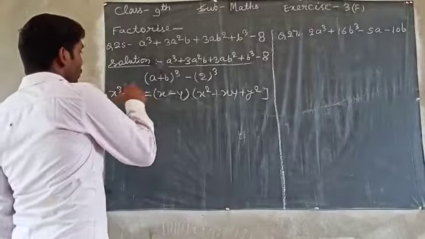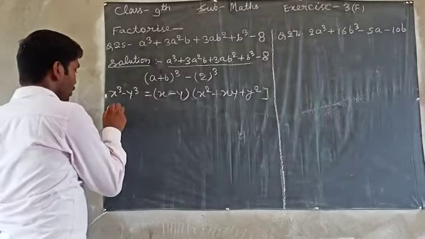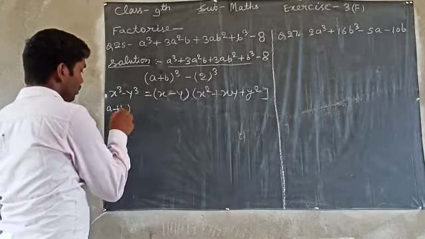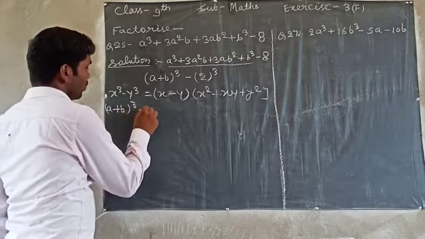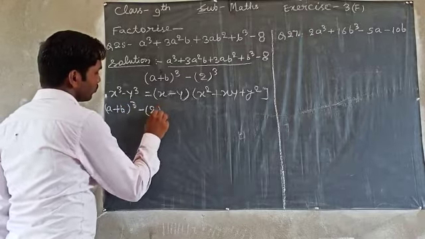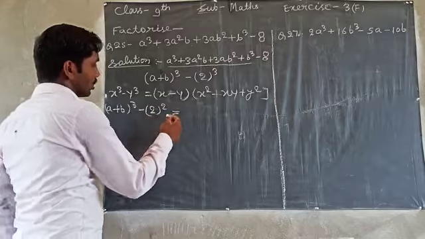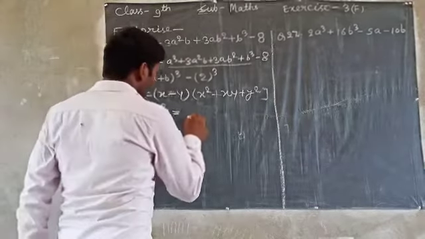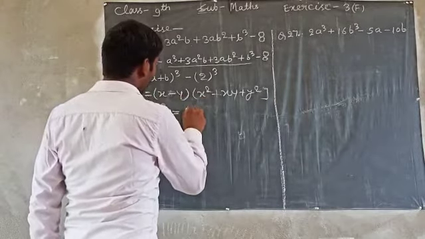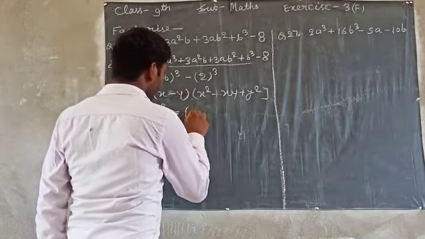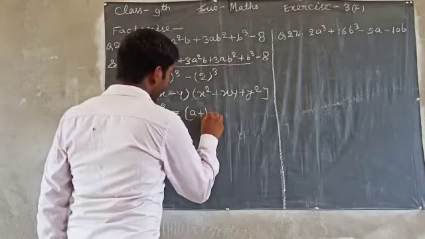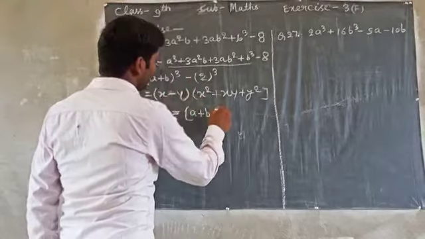So now we will solve the question. (a plus b) whole cube minus 2 cube is equal to, in place of x we will put a plus b, and in place of y we will put 2.